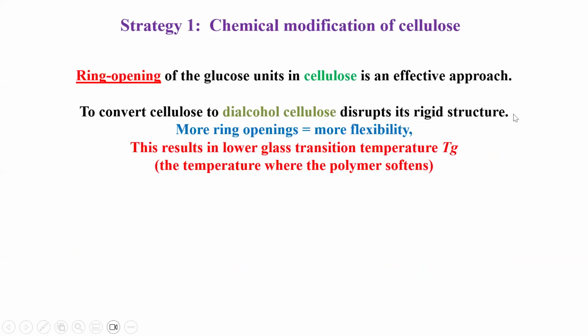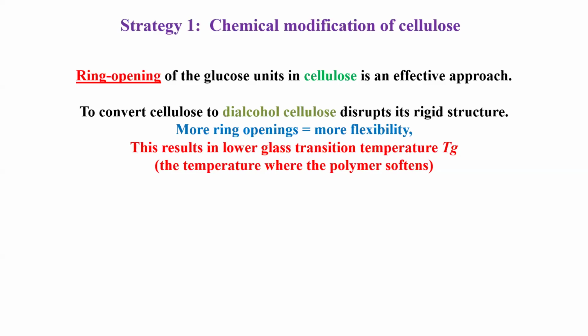So let's look at the strategy first. Chemical modification of cellulose is done by opening the rings in the sugars. So ring opening of glucose units is a very effective approach, and it converts cellulose to dialcohol cellulose.